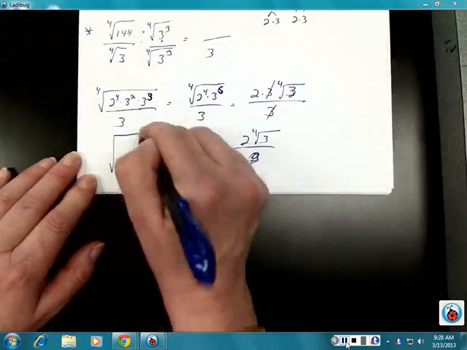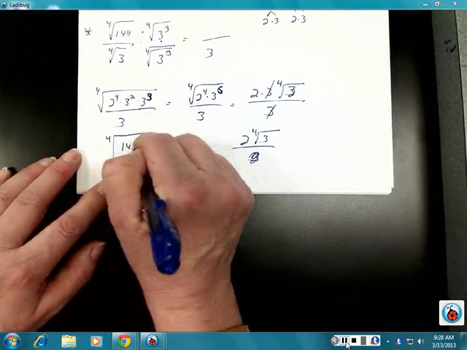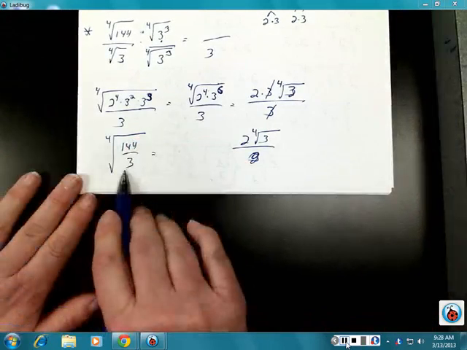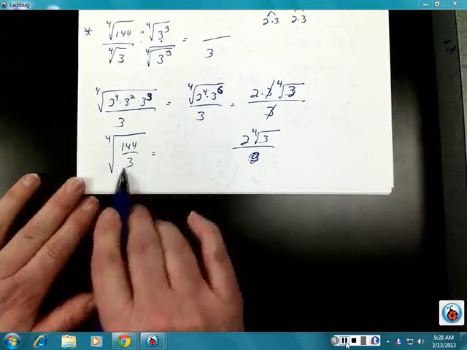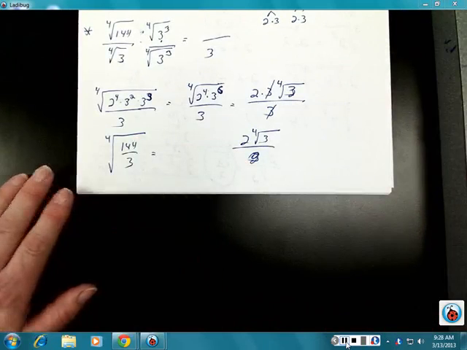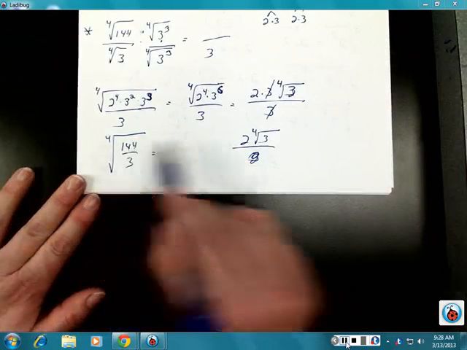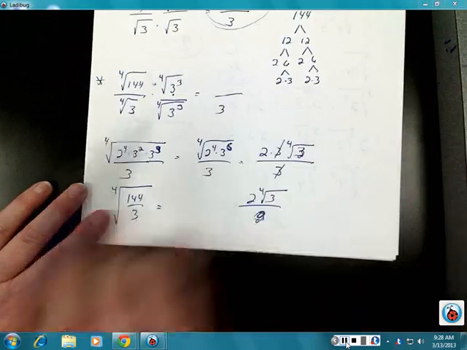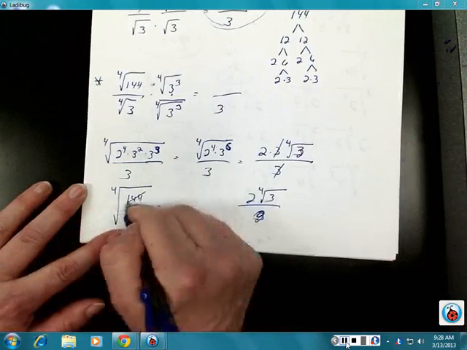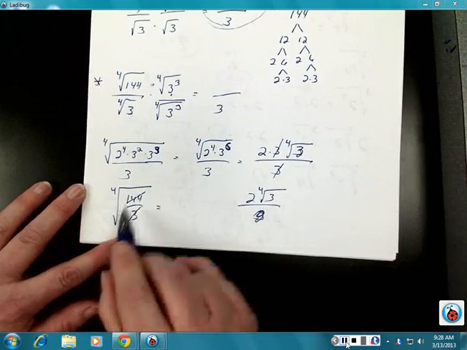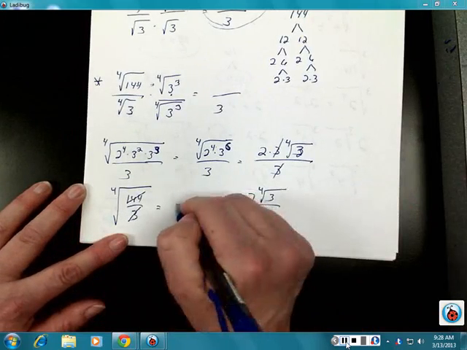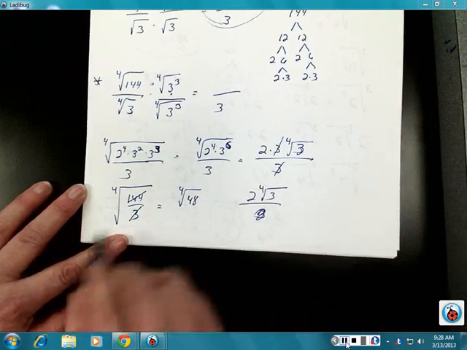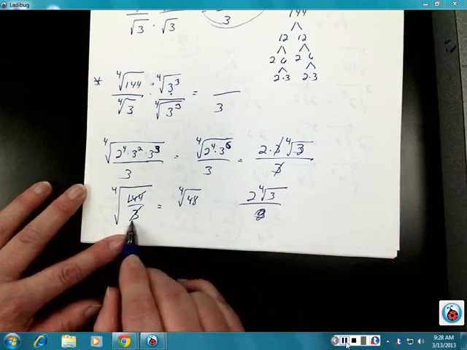So if I stick the whole thing back under this, what happens is, when you run across these, if you've got something that cancels in there, you can do that. So canceling here, notice in my 144, when I broke it down, I had some 3's in there. So 3 goes into there and 3 goes into here. 3 will go into 144. What was it, 48? Okay. And what happens to my denominator?